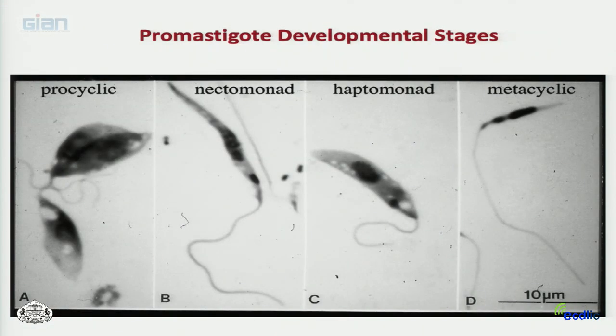If we look at these parasites again, nectomonads have an impressive flagellum, but in this case, the flagellum serves a very useful purpose. It propels it forward and is where the attachment is.